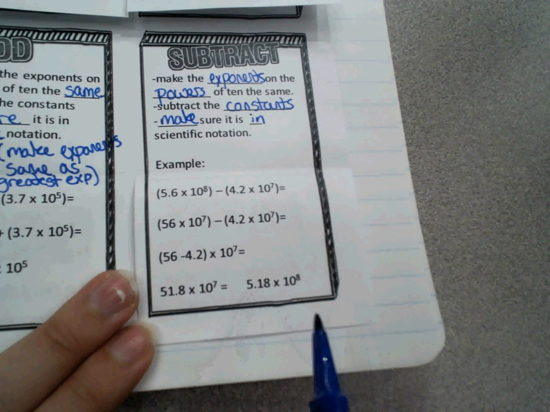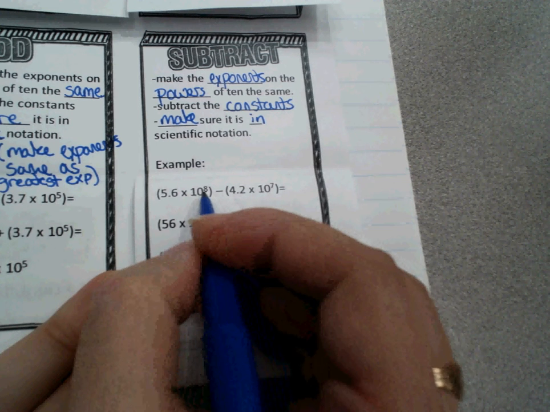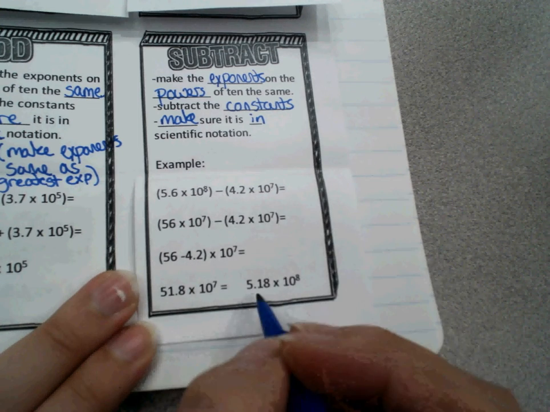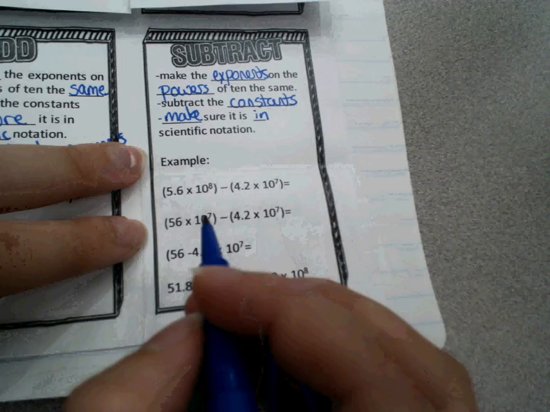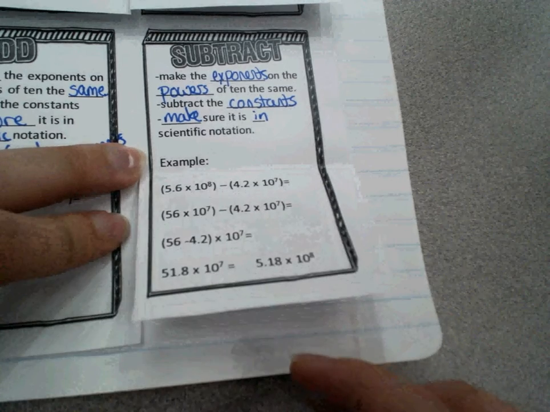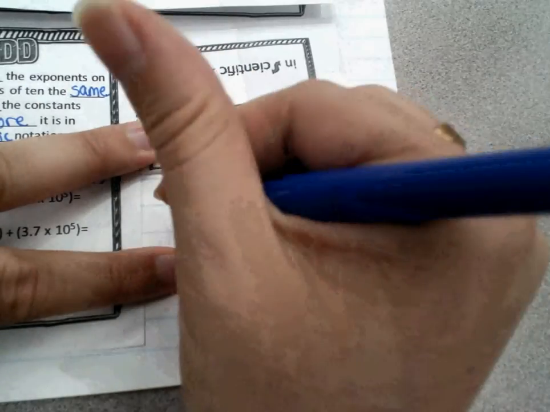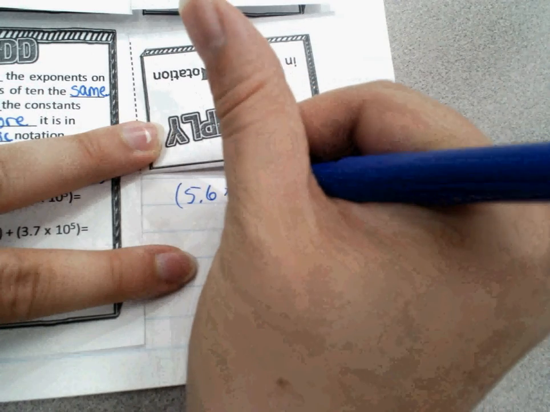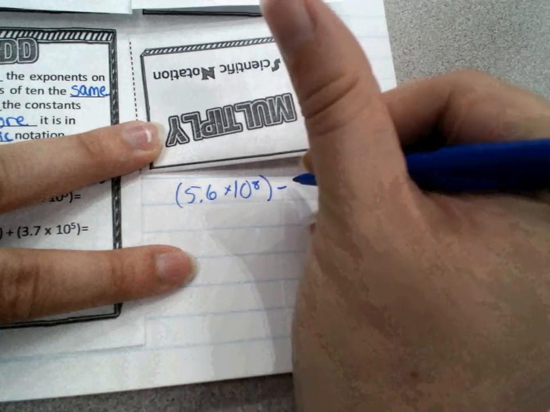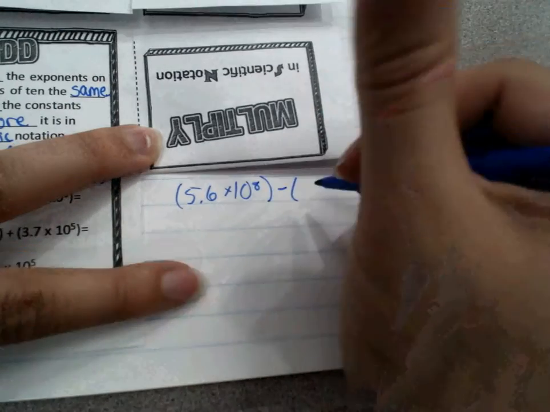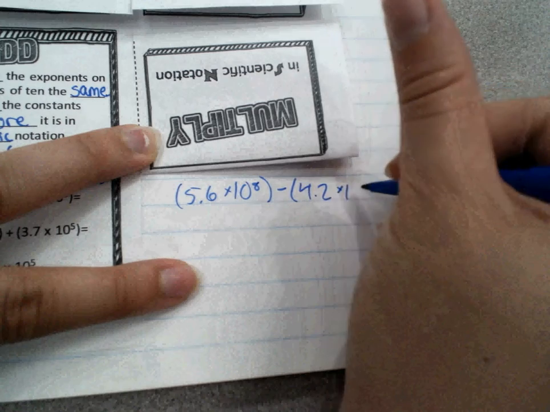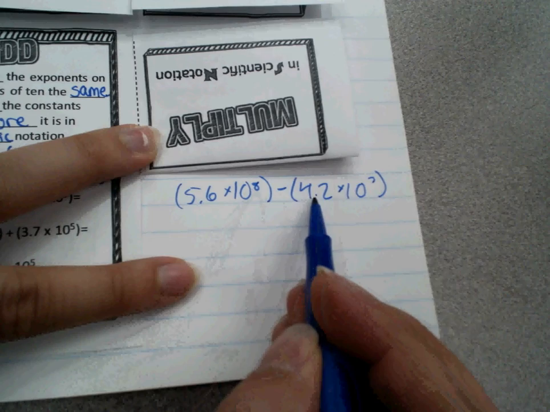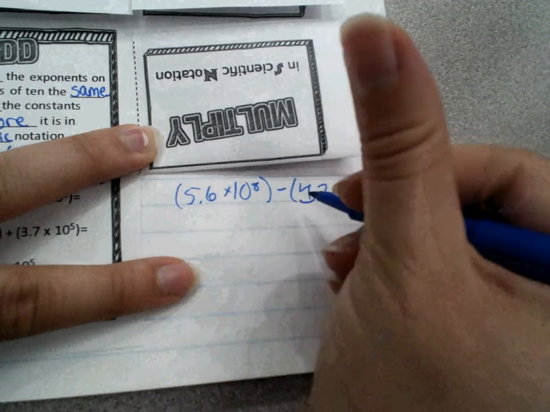Whereas if you were to do it with making both of them a larger number, you wouldn't have to fix this at the end. So let's go ahead and try that as our example. Let's do 5.6 times 10 to the 8th, and let's just write it on our actual notebook. So they have 5.6 times 10 to the 8th minus 4.2 times 10 to the 7th, just so you can see the difference. So if we make both of them 8, well, that means we'd have to move this one over once.